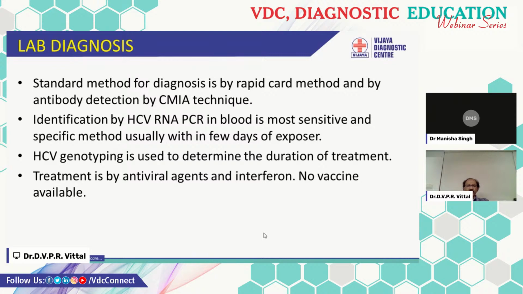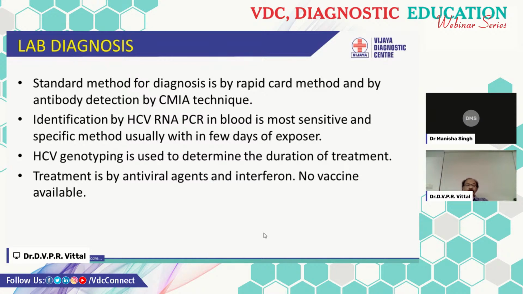This tells whether hepatitis C infection is present in the patient or not by testing the antibody. And the viral load, or the quantification of HCV RNA by HCV RNA RT-PCR, is the most sensitive and specific test. Again, as in hepatitis B virus, by quantitative and qualitative methods, this tells whether the virus is present in the body or not, as well as the quantity of the viral particles, that is the viral load.